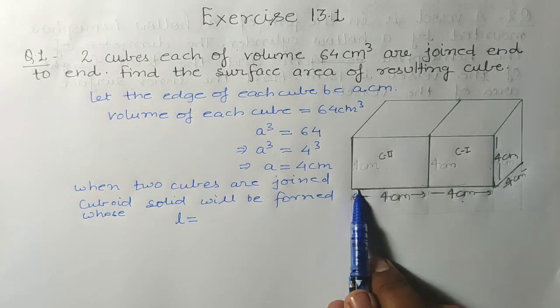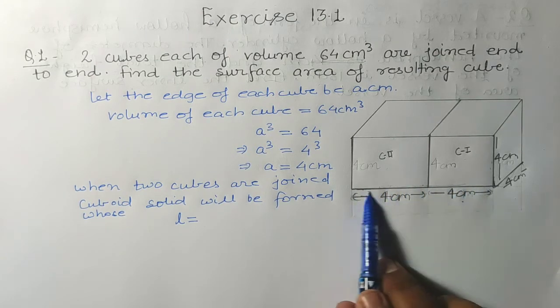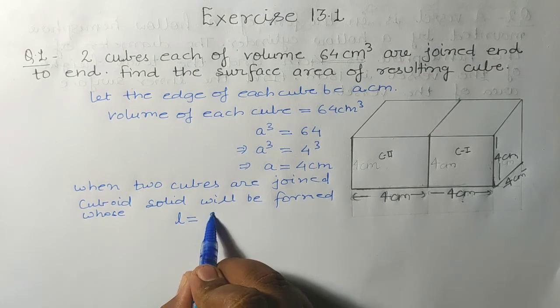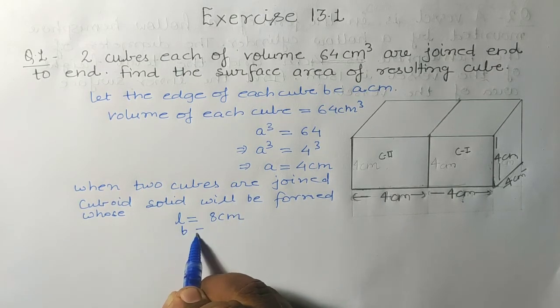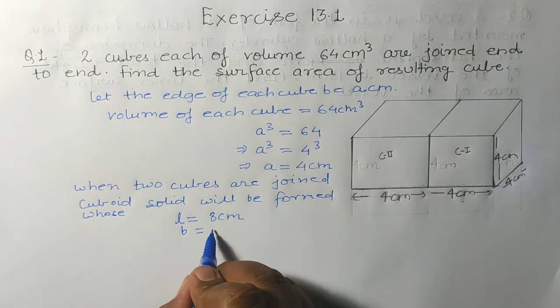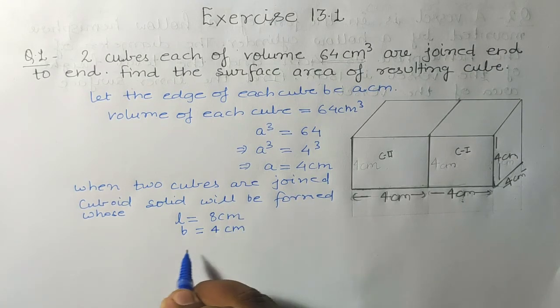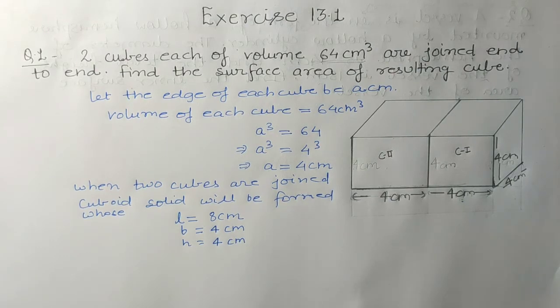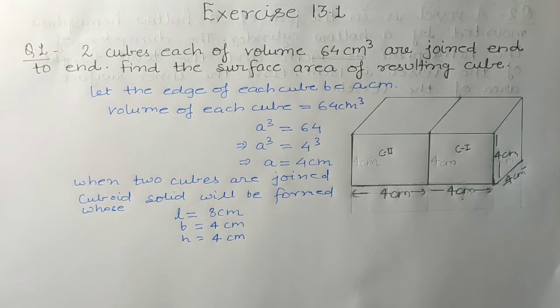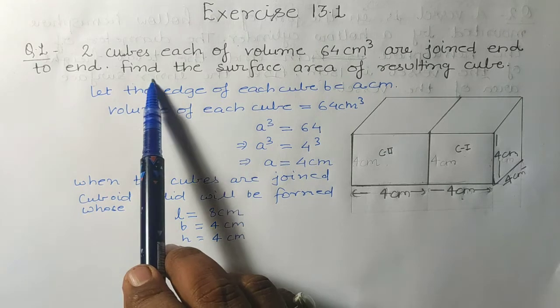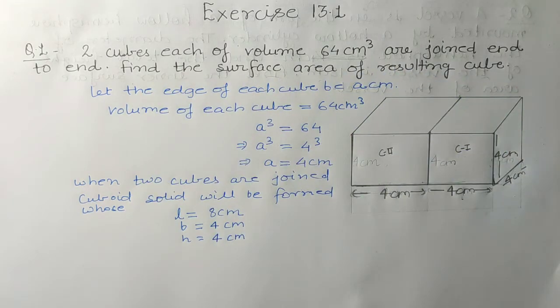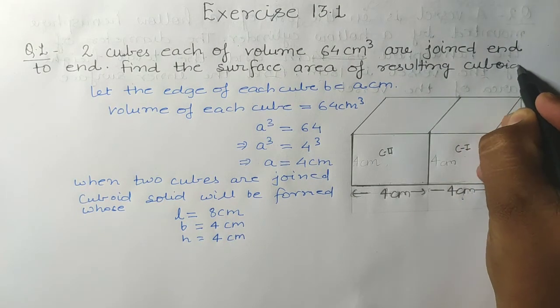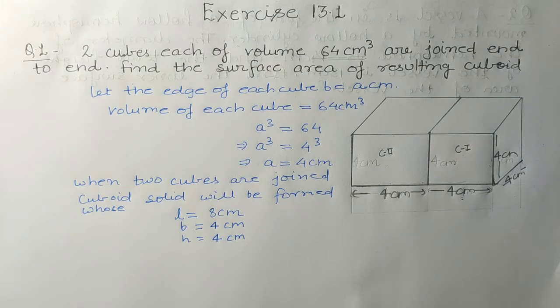After joining the two cubes, the whole length will be 4 plus 4, that is 8 centimeter. Breadth is 4 centimeter, there will be no difference in breadth, and height is also 4 centimeter. Now it is asked in this question to find the surface area of the resulting cube. Sorry, in the question it is written cuboid. So we have to find the surface area of the resulting cuboid.